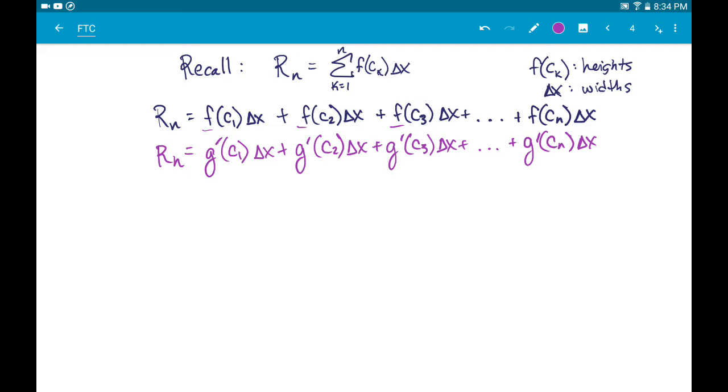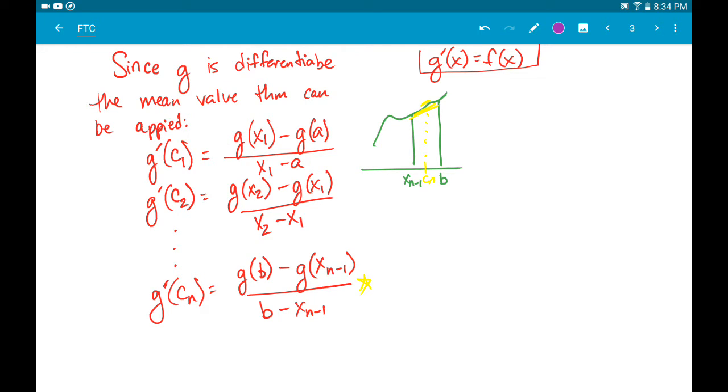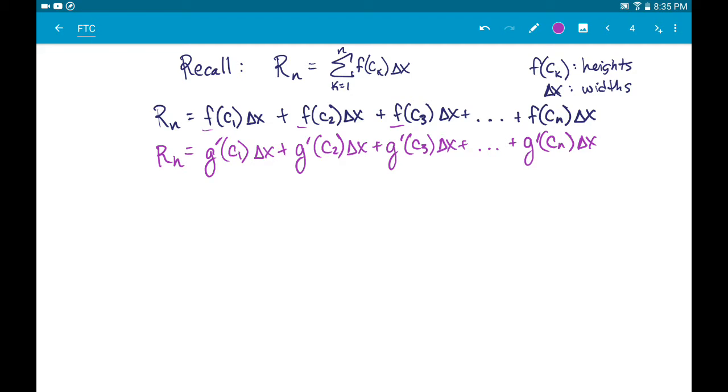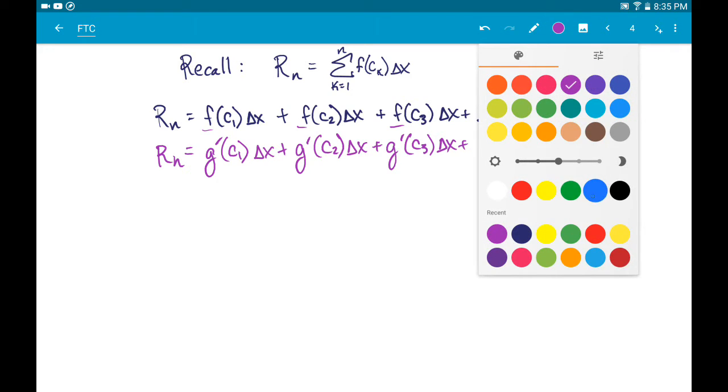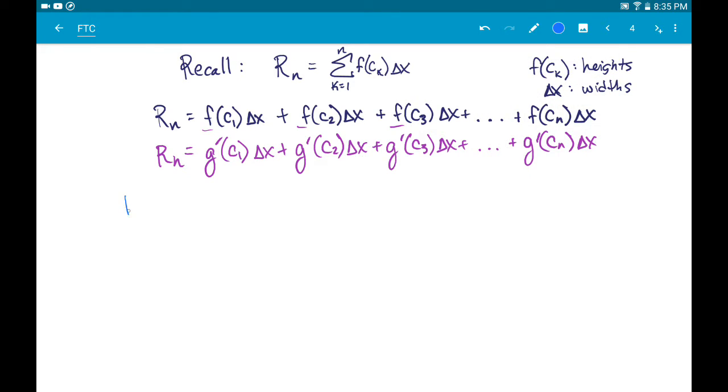But these g primes of c's are represented on this page. So I have g prime of c1, g prime of c2, all the way down to g prime of cn. And this is where we used kind of the slope formula. So because I have all these beautiful colors, let me kind of rewrite this.